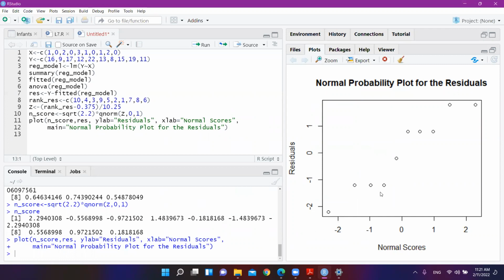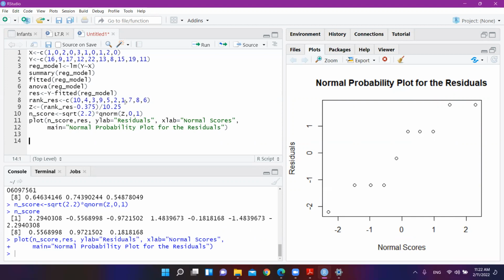Anyway, you have to rank it from 1 to the sample size 10. Right. So here, if this is going in a diagonal line, that is all what you have to know. If this is going in a diagonal line, you can approximate normality for residuals.